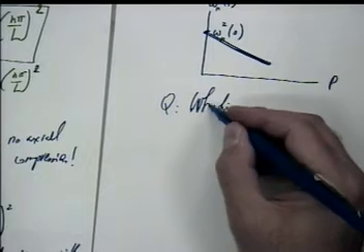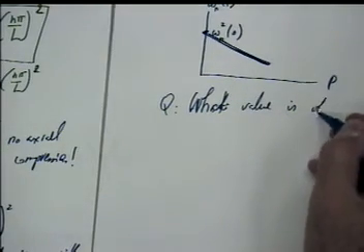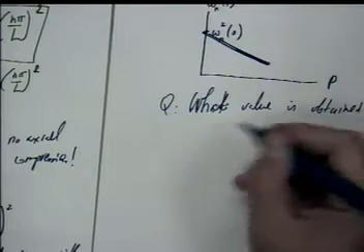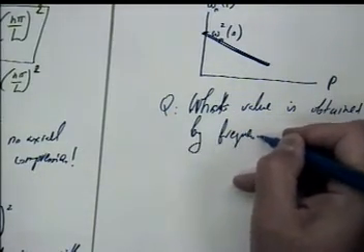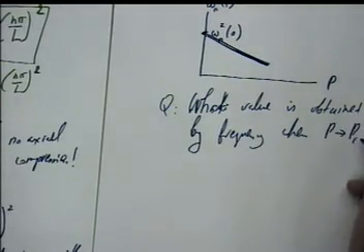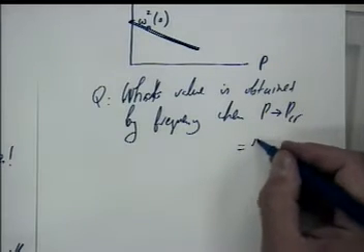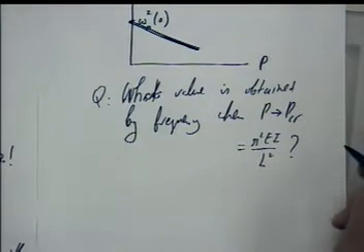Now we can say, question. What value is obtained by frequency when P goes to P critical, and that is pi square EI over L square? What happens when P comes to the Euler load?